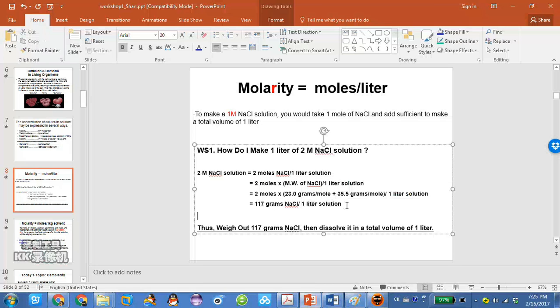So if we want to make 1 liter of solution, we should put in 117 grams of NaCl. It's a coincidence that the question is asking you to make 1 liter of solution.